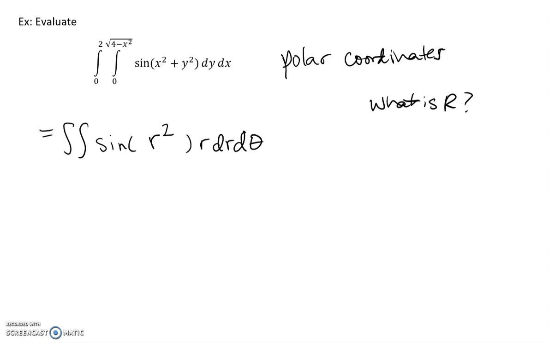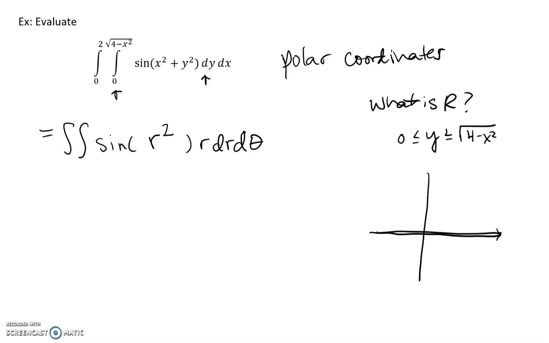Well, taking a look at this, notice y has these bounds. So y goes from 0 to square root 4 minus x squared, which if we think about what that is, well, y equals 0 is the x-axis. And then y equals the square root of 4 minus x squared is an upper half semicircle with radius 2.